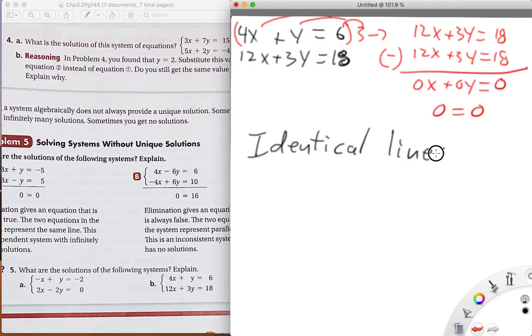When you have identical lines or the same lines, one superimposed onto the other, or coinciding lines from the last section, there are infinitely many solutions.